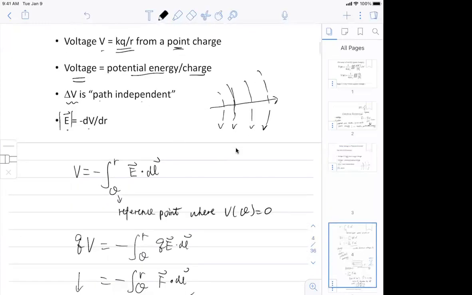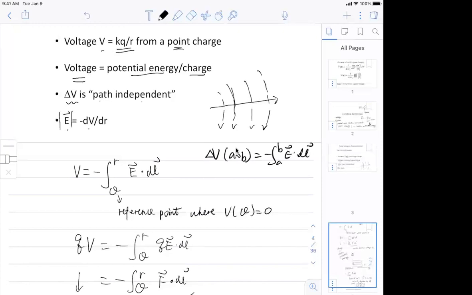Okay, the reference point though. Most of the time we define infinity to be our reference point, because this is really a delta V. Delta V is the potential between two different points, let's say point A and point B. Delta V, the difference between A and B, is negative integral from A to B of E dl.